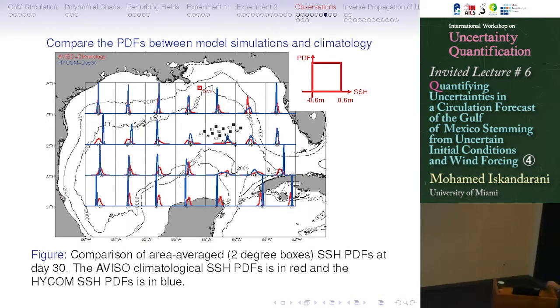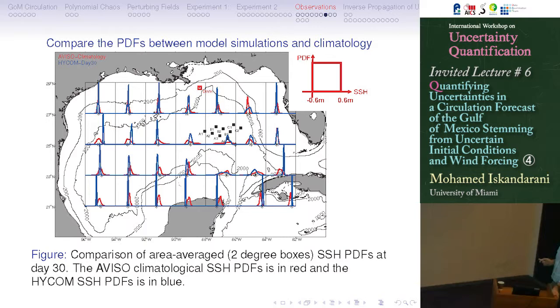This is essentially a comparison between the PDF of the sea surface height in the different areas, and not a lot of them look Gaussian. So we're comparing them against the AVISO, which is in red, and the HYCOM from the ensemble are in blue.